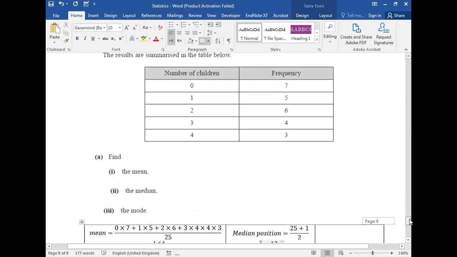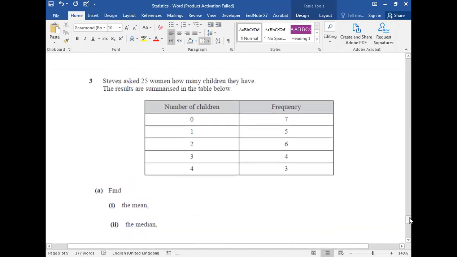I'm constantly telling you, visualize as if all the women are holding up the cardboard which reads the data. All 25 are standing. Which position am I searching for now? 13. The first 7 positions have the value 0 on it. Is that right? The 8th, add 7 plus 5, 12.